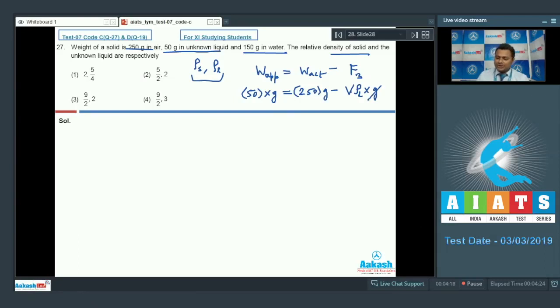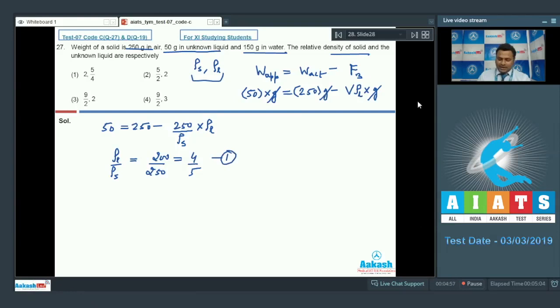So here g will be cancelled out and we get 50 equals 250 minus volume of object, which may be given as mass of object divided by density of object, that is rho s, multiplied by density of liquid. So from here we will get the ratio of density of liquid to solid as 200 upon 250, which is 4 by 5.